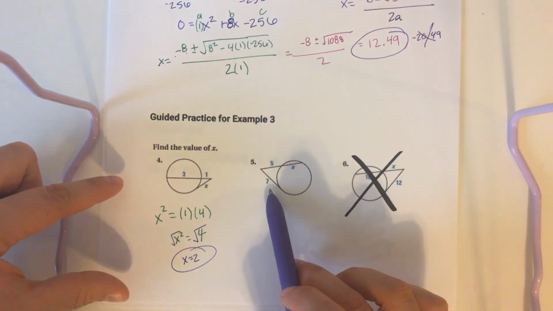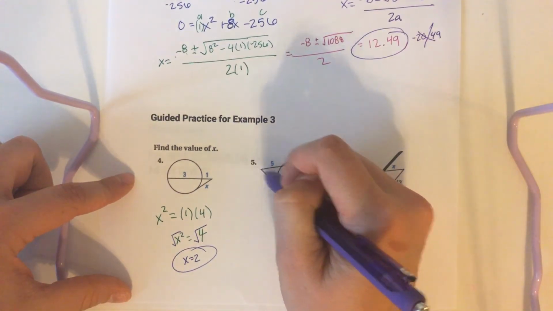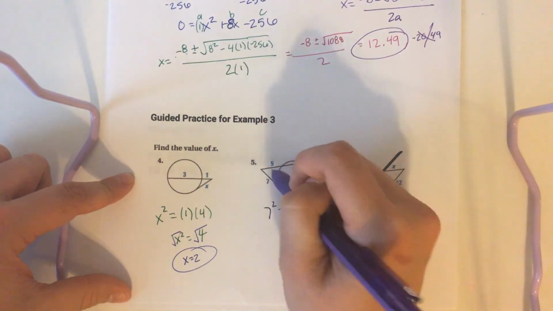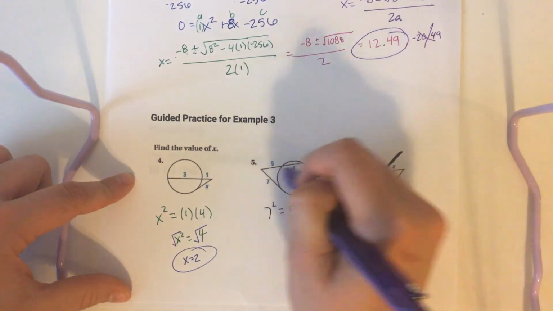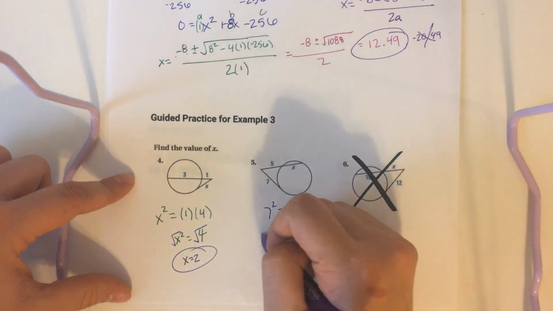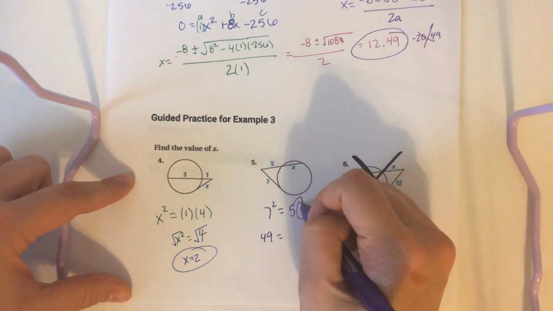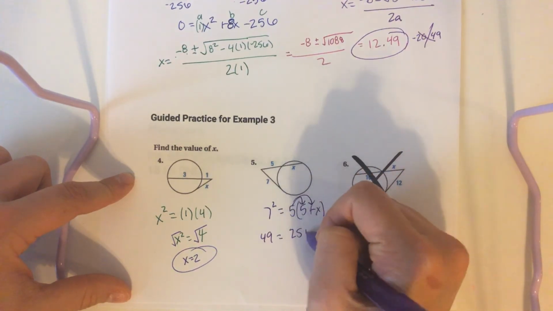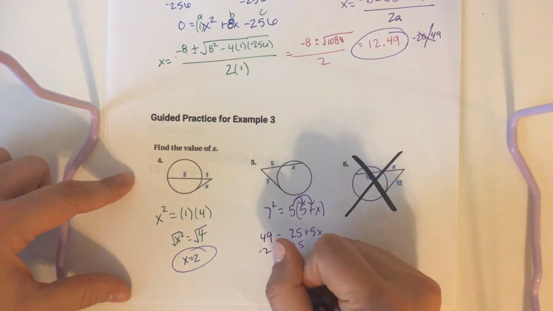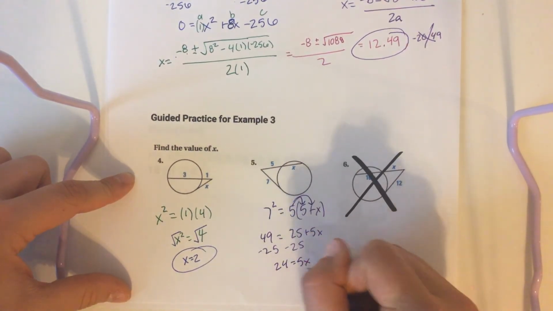And that's going to be more typically what you'll see on your own. Number 5 here, our tangent piece is 7. So we have 7 squared equals our part, so 5, times our whole, 5 plus x. 7 squared is 49. Distribute here, we get 25 plus 5x. Subtract 25 to get 24 equals 5x.